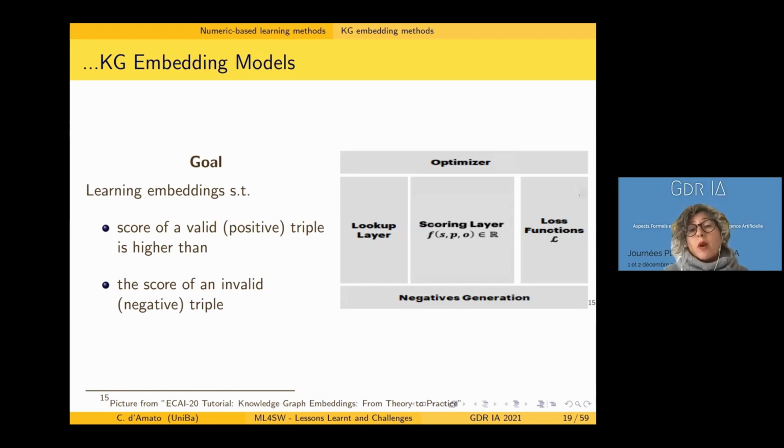And this problem is solved as an optimization problem, specifically by minimizing a loss function, which is ultimately grounded on the score value assigned to the positive and negative triples. The presence of negative triples is actually necessary for training this kind of models.